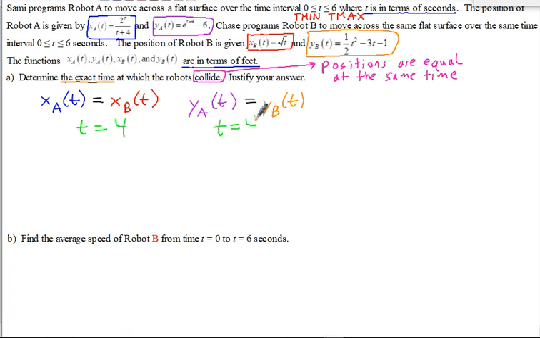Another way you could figure that out is by substituting 4, since we know time 4, into the x coordinates and see if they're equal. So if you substitute 4 in here, you get e to the 0 minus 6. E to the 0 is 1, minus 6 is negative 5.